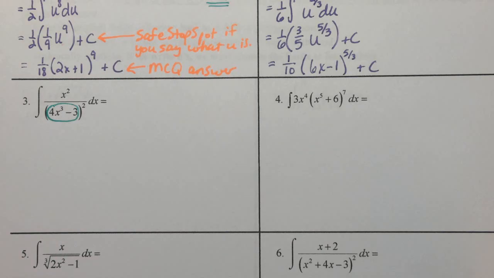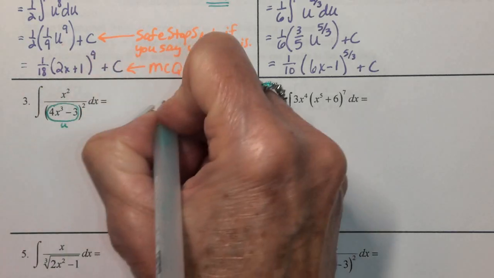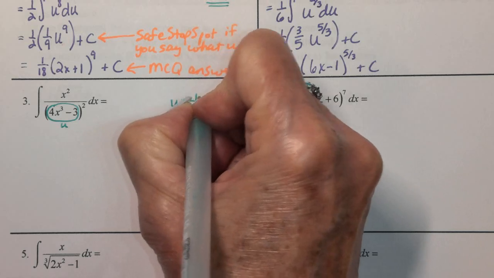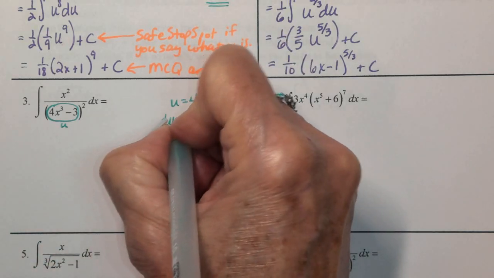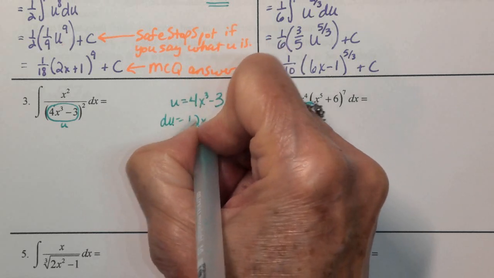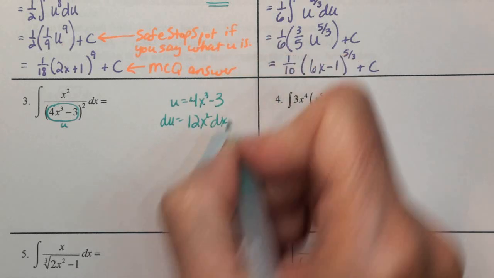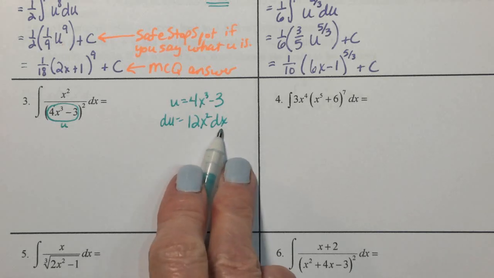As you practice these over and over again, it will be more obvious what to let u equal. So u is 4x cubed minus 3. du is 12x squared dx.